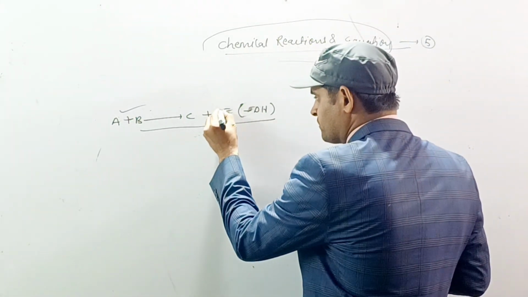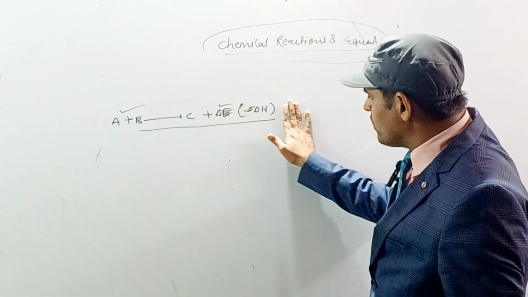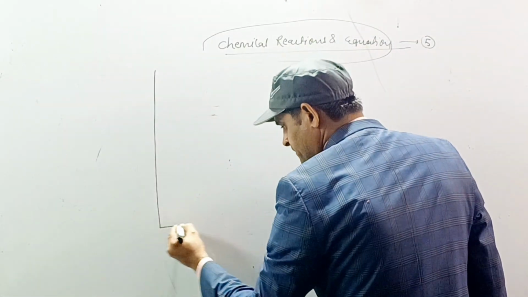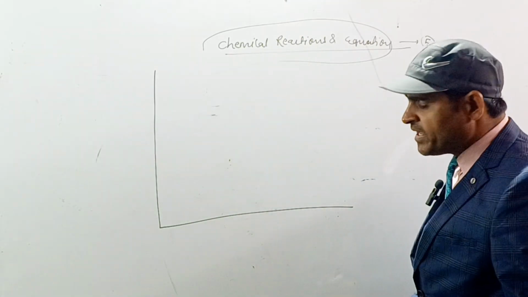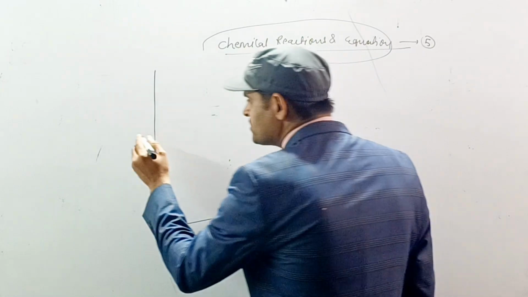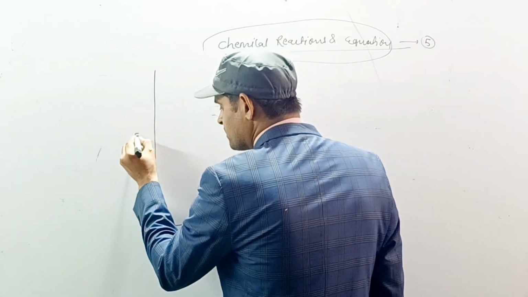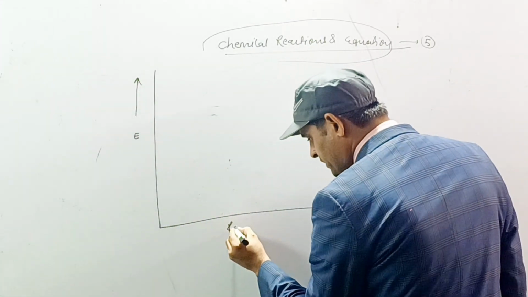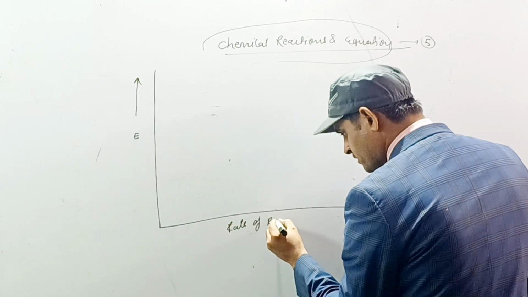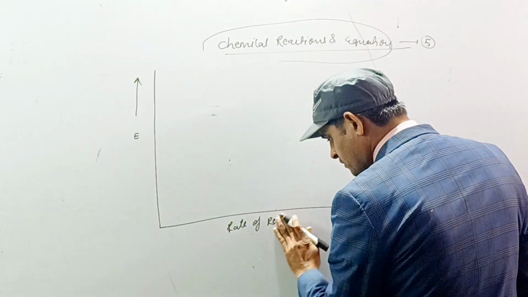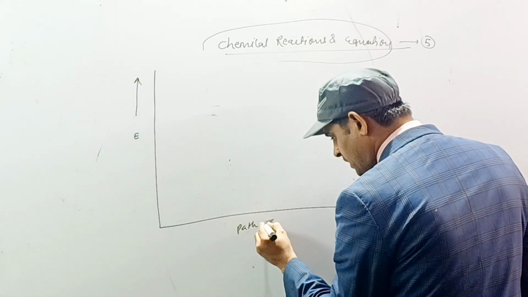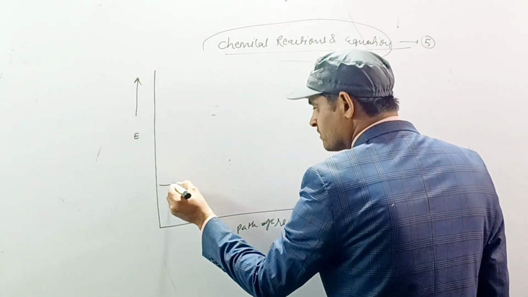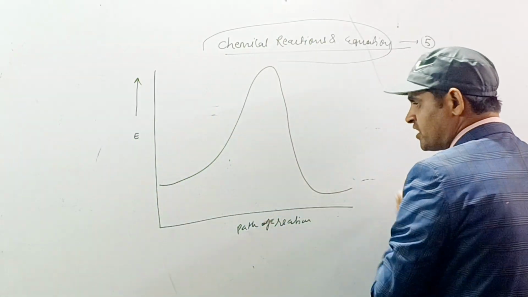Energy is released, and we can explain it by this graph. This is the energy and this is the path of reaction, and the graph looks like this.